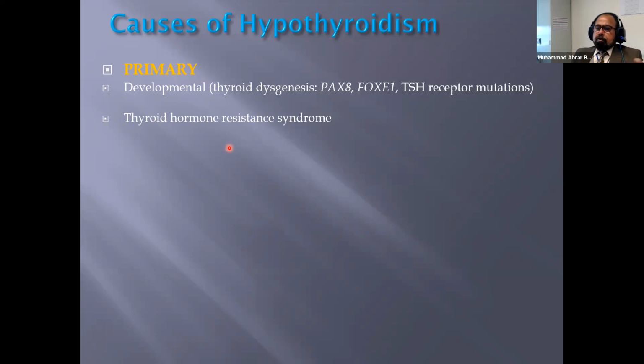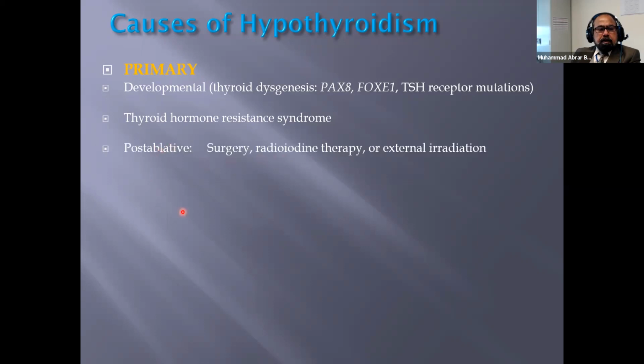So in these patients, they will have normal T3 and T4 levels, but the patient is not responding and shows hypothyroidism. And TSH will be normal, because thyroid hormone is normal, but there is a problem in the receptor which is causing this problem.